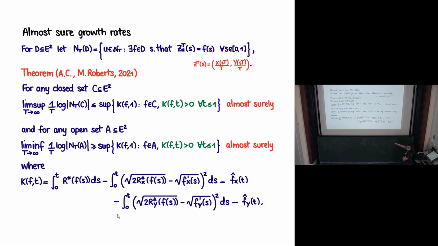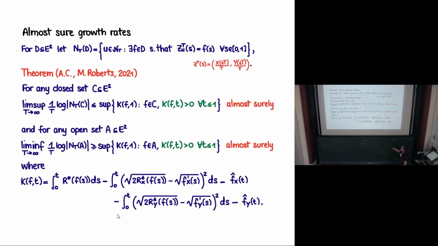It has two dimensions because our branching random walk has two components. What I am saying is I look at all particles alive at time t, I look at their path, I rescale it with a factor big T in both time and space, and I look at which of these paths are close to a function in my set of functions. Then our result tells you how this number of particles grows.